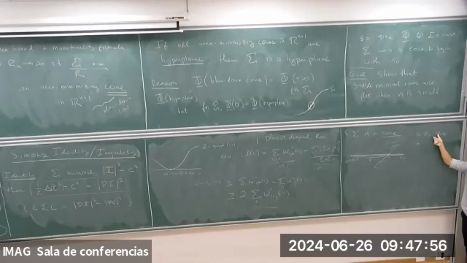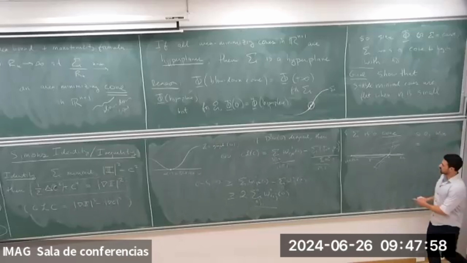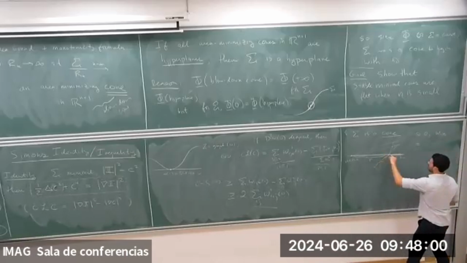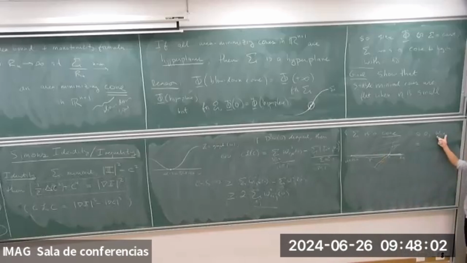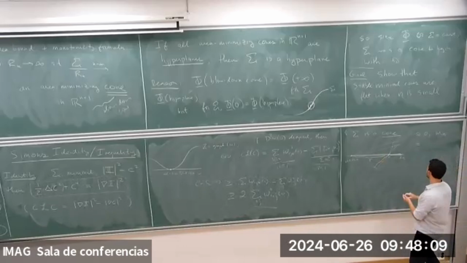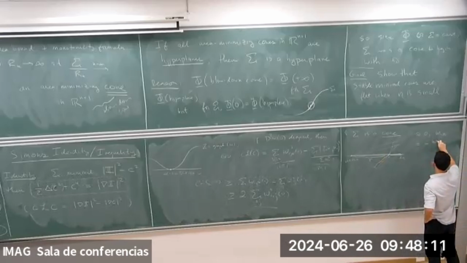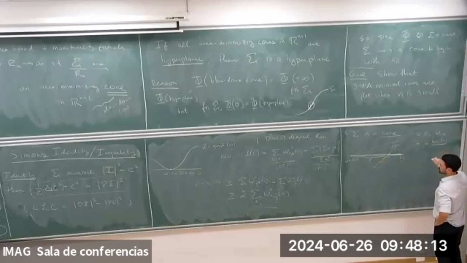Differentiate twice, homogeneity drops by 2. And if you differentiate that in the radial direction, you're just getting the same thing, but with a minus sign divided by distance. So just by homogeneity, this is the same thing as minus w_i of 0 divided by that distance there.